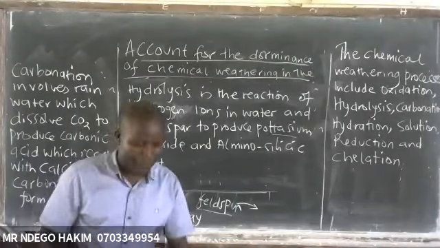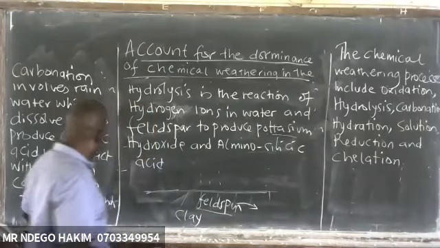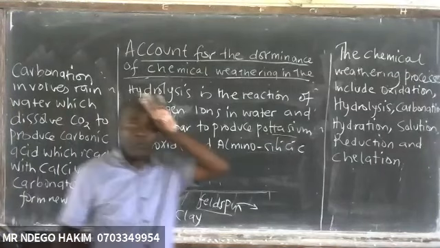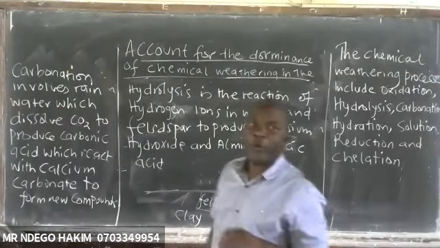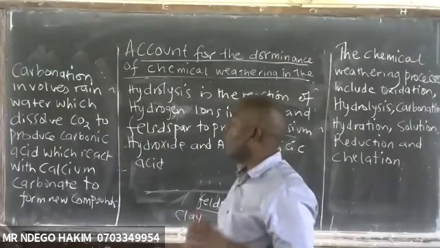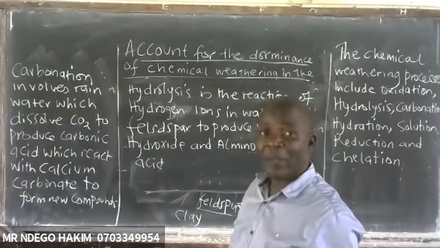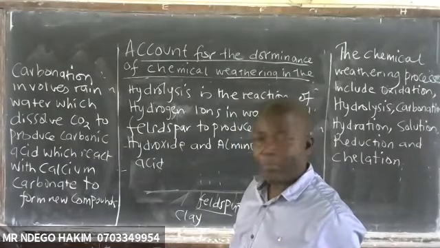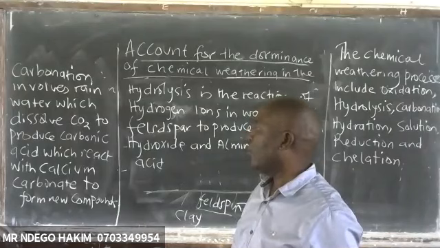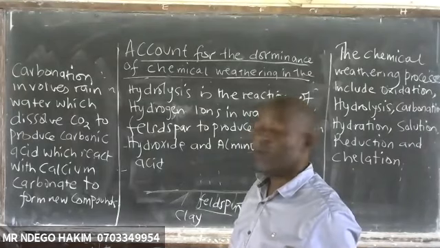That is the brief description of carbonation. It involves rainwater, which dissolves carbon dioxide in the atmosphere to produce carbonic acid. And this carbonic acid reacts with calcium carbonate to form new compounds.